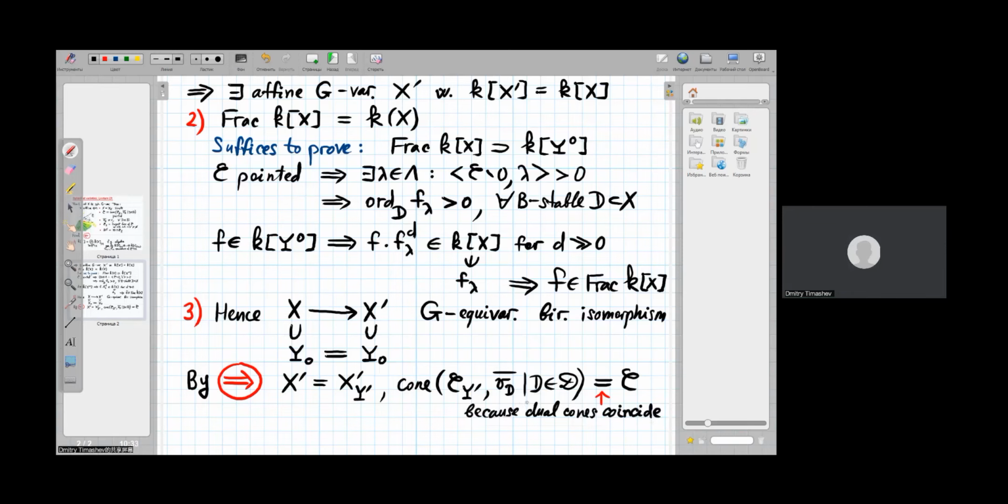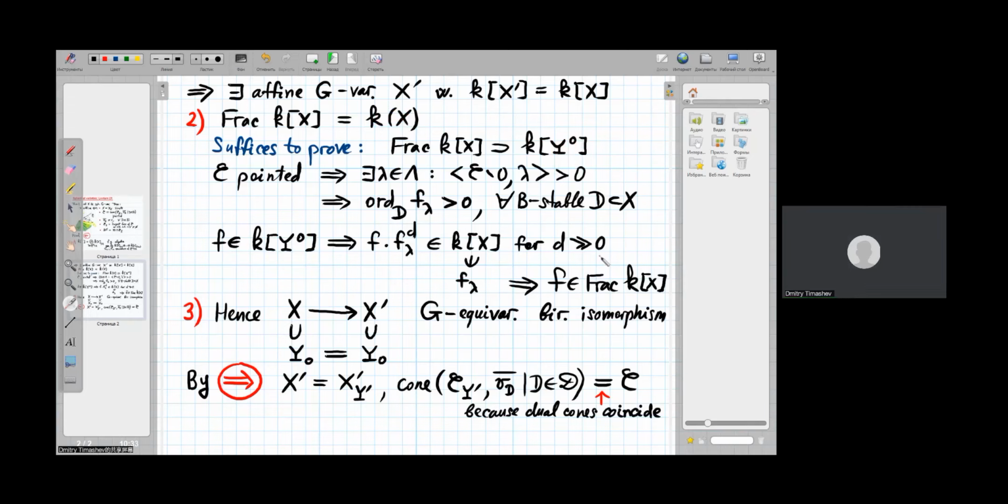Of course. Y naught is an open B orbit. The orbit of a solvable algebraic group is an affine variety. It is always the case, and we already used this claim. So the fraction field of this guy is the field of rational functions on Y naught, and it is the same thing as the rational functions on X. Yes, so we use that Y naught is affine.